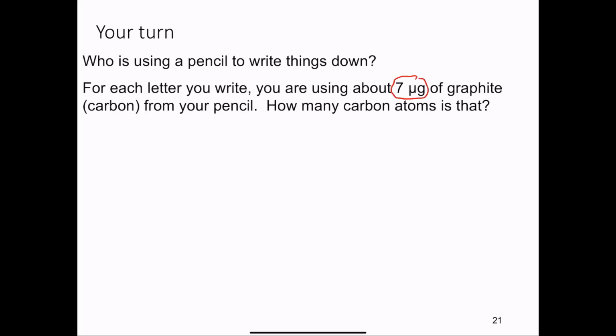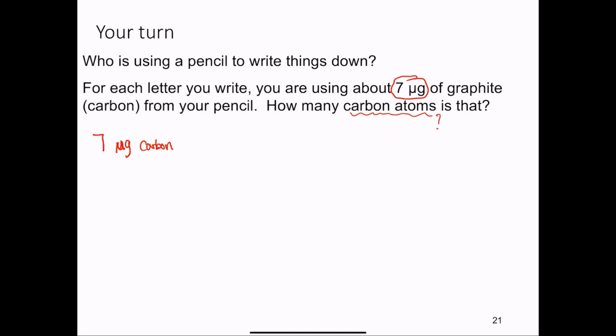And that quantity is this one, the 7 micrograms of carbon, okay? And so then the answer that we're trying to get to is carbon atoms, okay? So let's start with just the 7 micrograms of carbon.